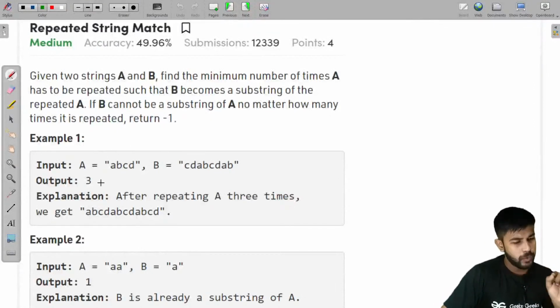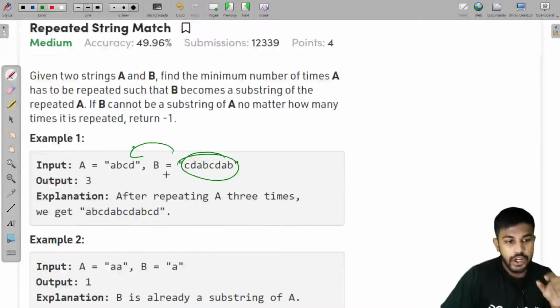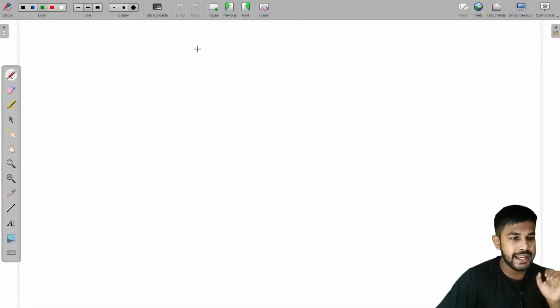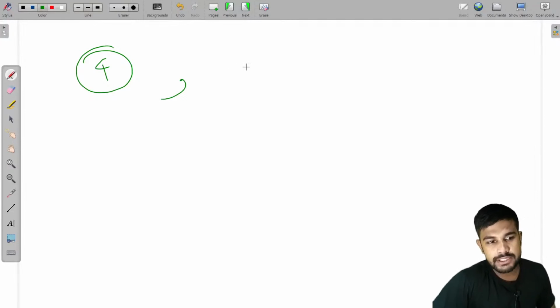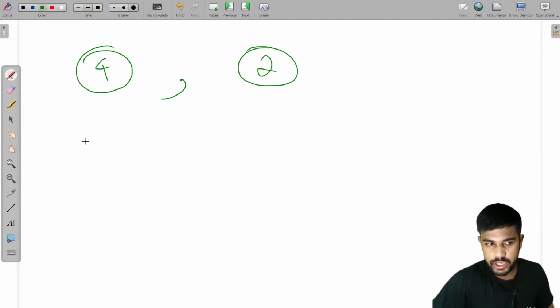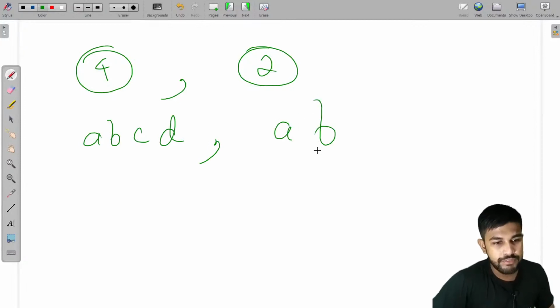Now suppose to make B a substring of A, what is the first thing that we want? Suppose we have a string of length 4 and a string of length 2. Suppose we want to check if A, B, C, D is a substring of AB.